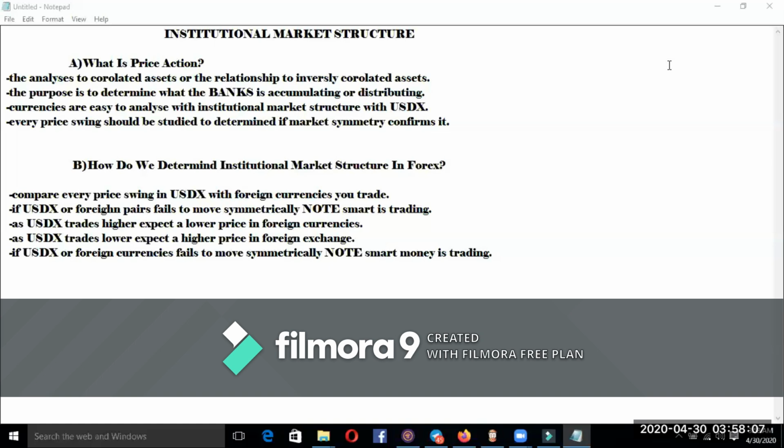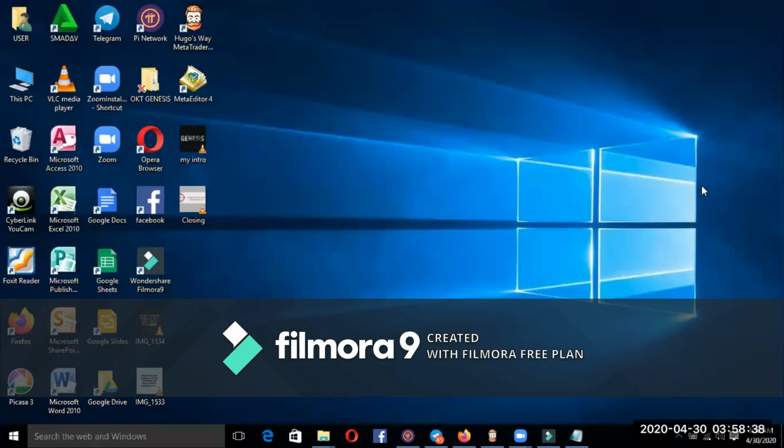So if the dollar index or foreign currency fails to move symmetrically, note again, smart money is trading. Now we're going to go into the chart. Let me tell you what all of this means.